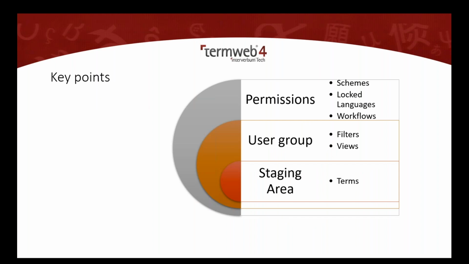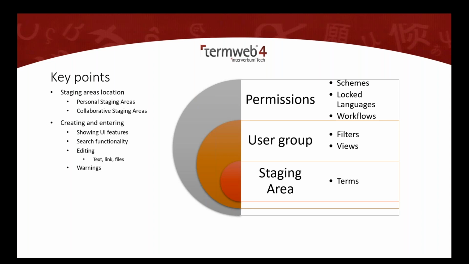The key points of this presentation and demonstration are where you can find staging areas, and to show where you can edit, create, and essentially change what you need about your staging areas. We'll also go through what functionality exists in staging areas.